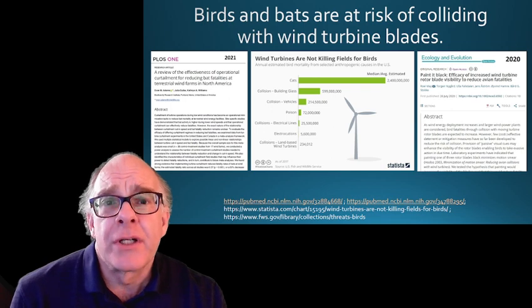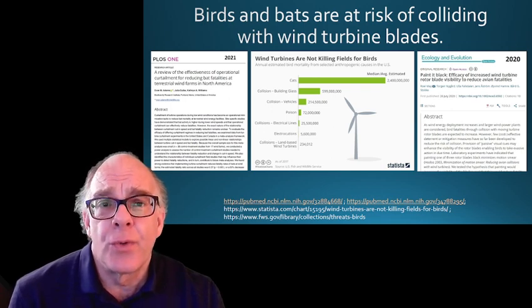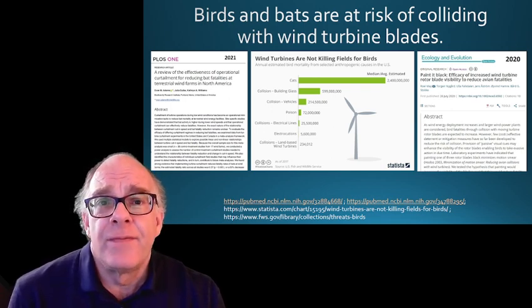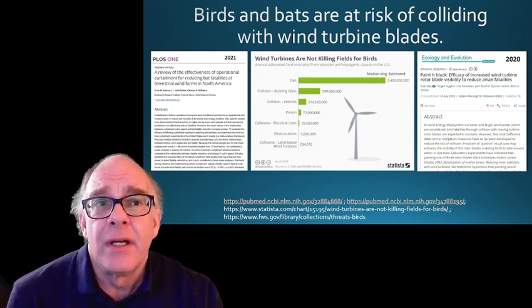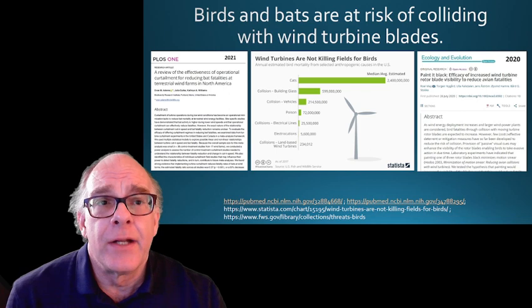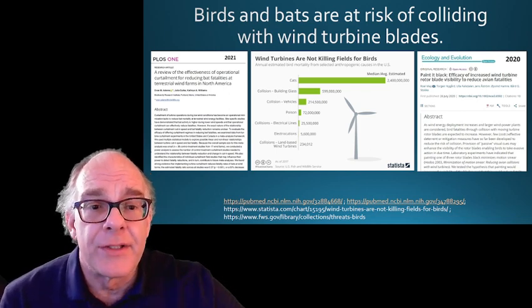One of the major concerns associated with these wind turbines is the fear, and there is evidence, that birds and bats are at risk of colliding with the wind turbine blades.